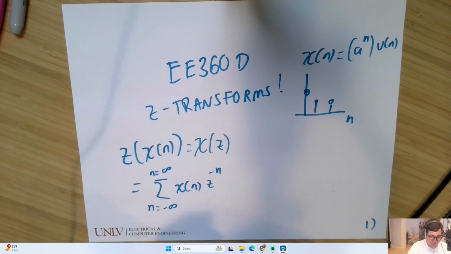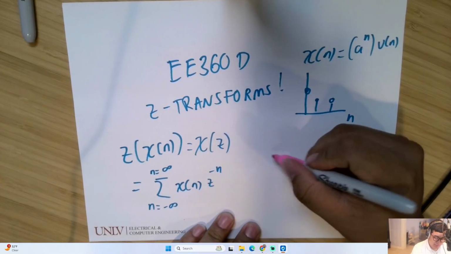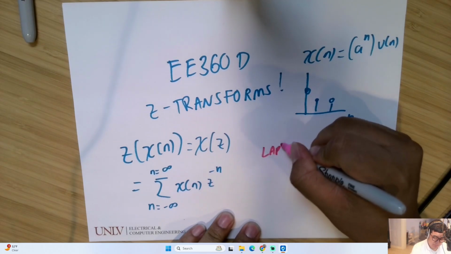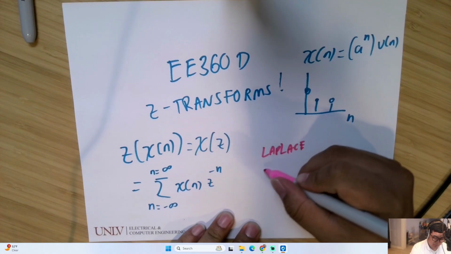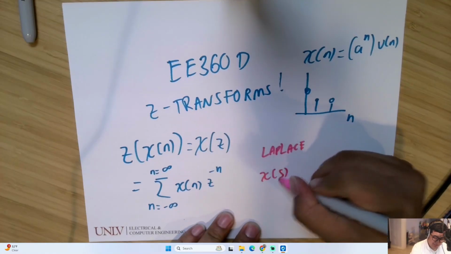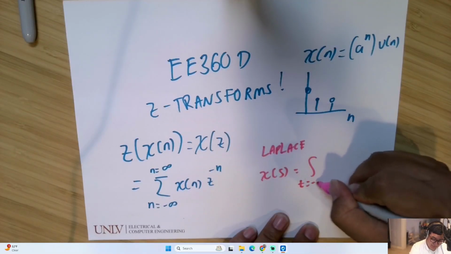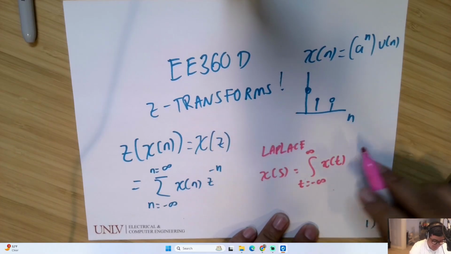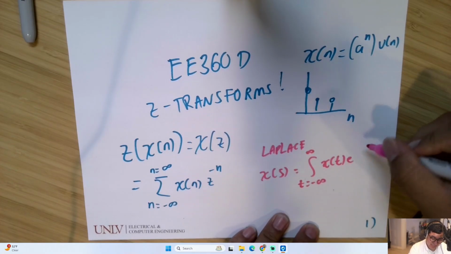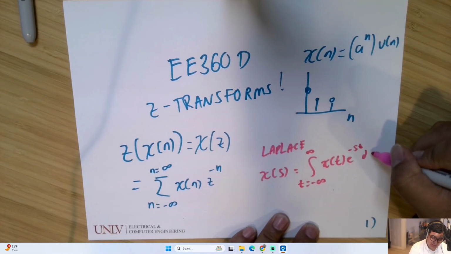It's kind of similar to what we've talked about with the Laplace domain, if you think about it. There we did something similar: X of s equals the integral over the entire signal of x of t times e to the minus st dt.